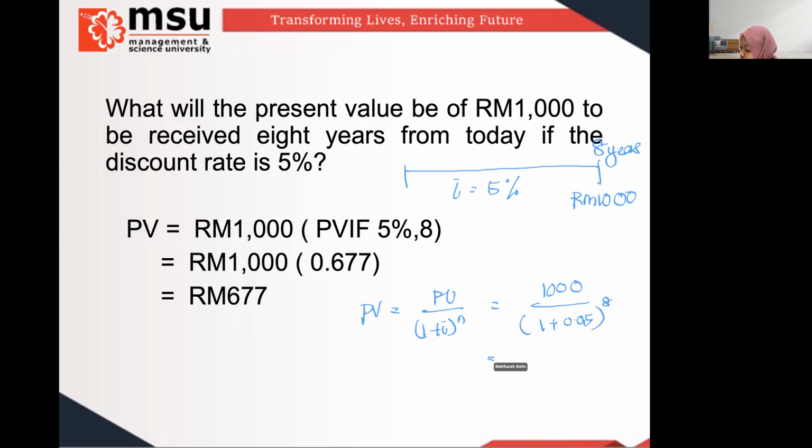So 1,000 divided by 1.05 to the power of 8. 1.05 to the power of 8 is 1.4775.